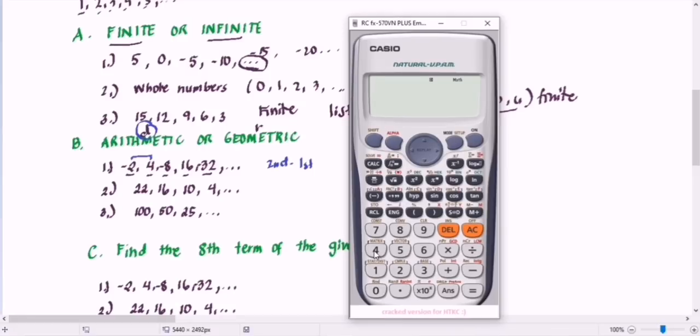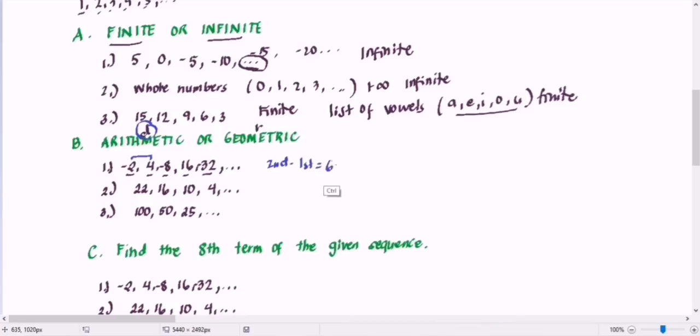So, yan ay magiging 4, then minus, then huwag nyo kalimutan may negative ba yan, kaya lagay tayo ng negative 2. 4 minus negative 2 equals 6. So, meron tayong second minus first, that is equal to 6.